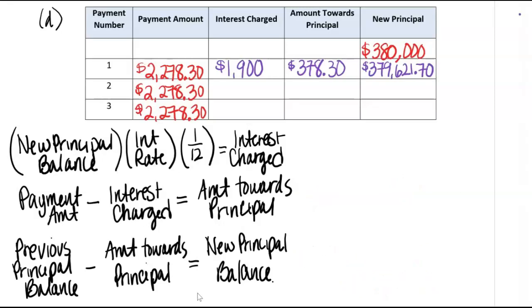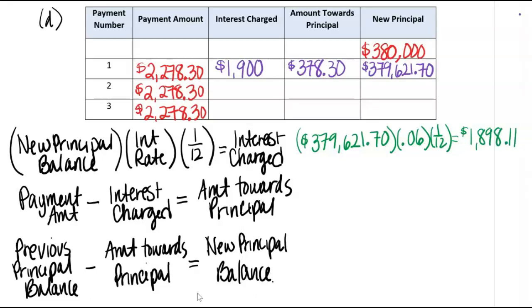For the second line of our amortization schedule, we start with the new principal balance, which is $379,621.70, multiply by the interest rate of 0.06 times 1/12. That gives us an interest charged of $1,898.11.